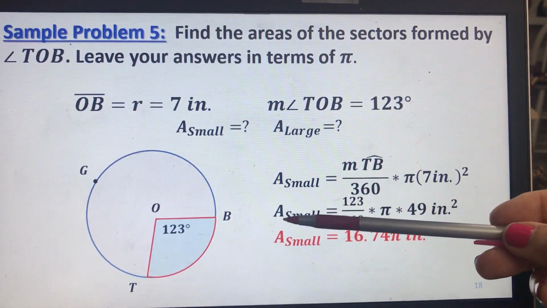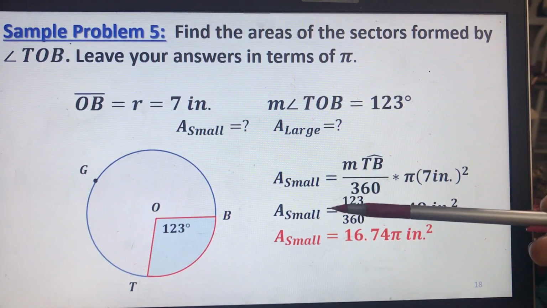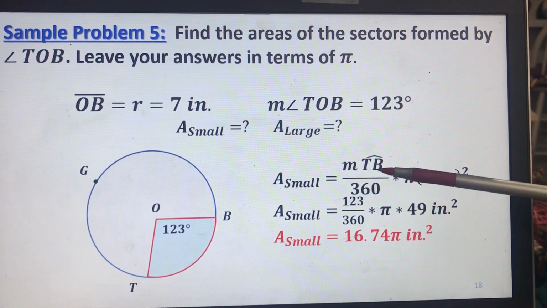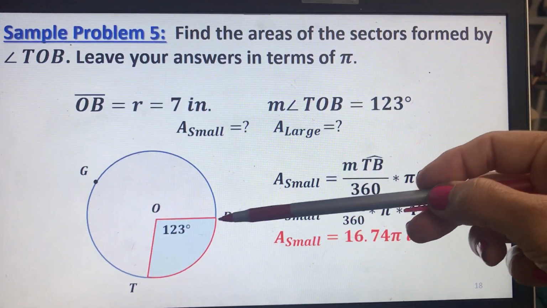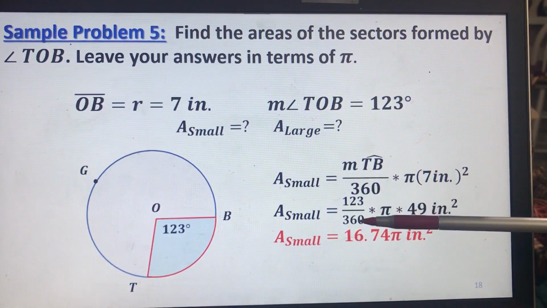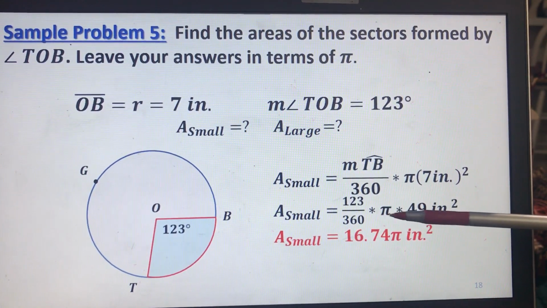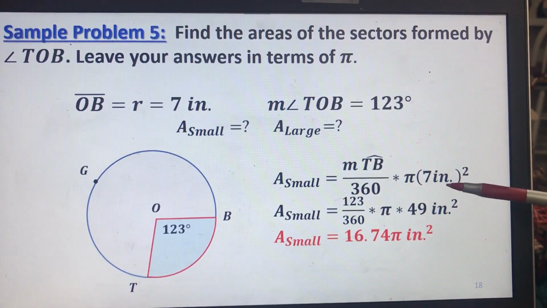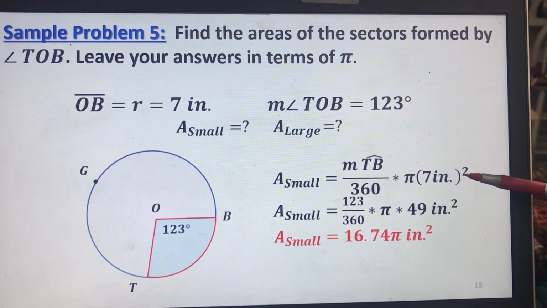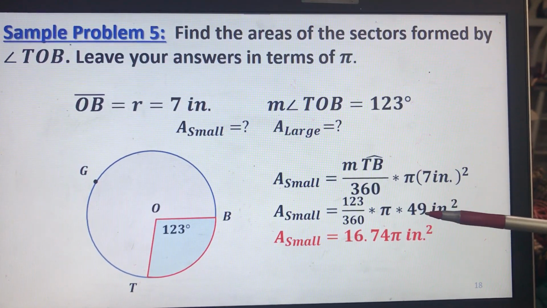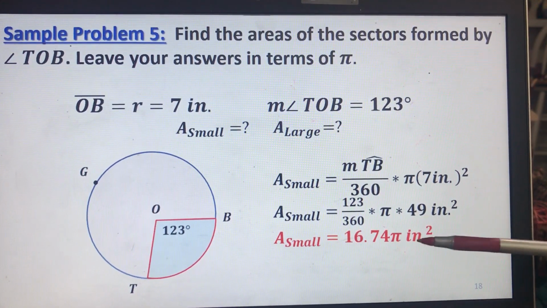So the area of the small sector is going to be 123 divided by 360 times pi times 7 inches squared. 7 to the second power is 49, and we simply square our inches.